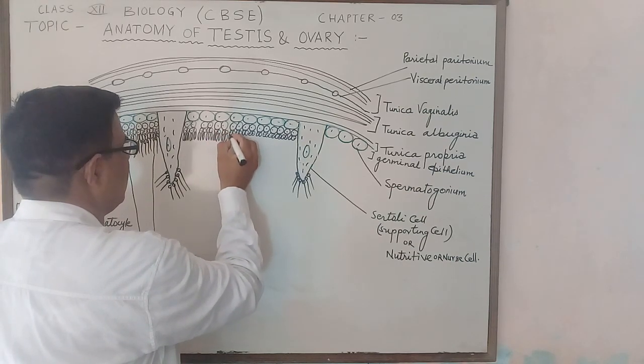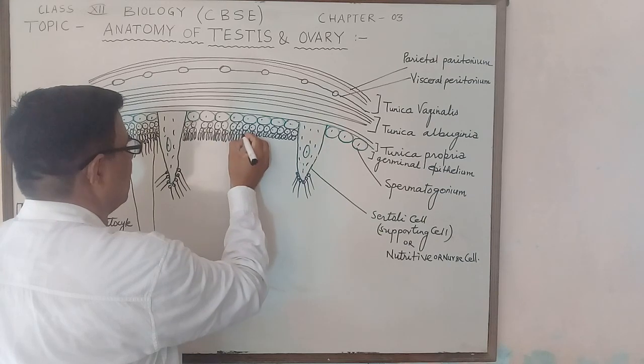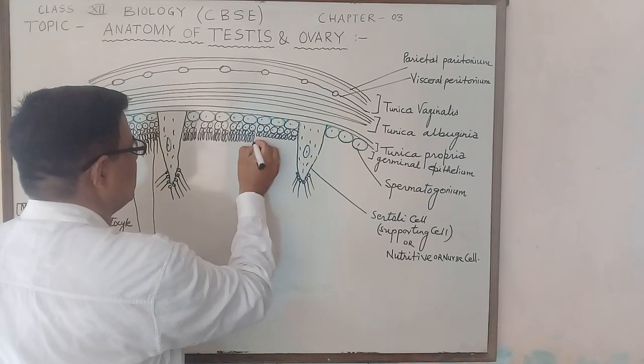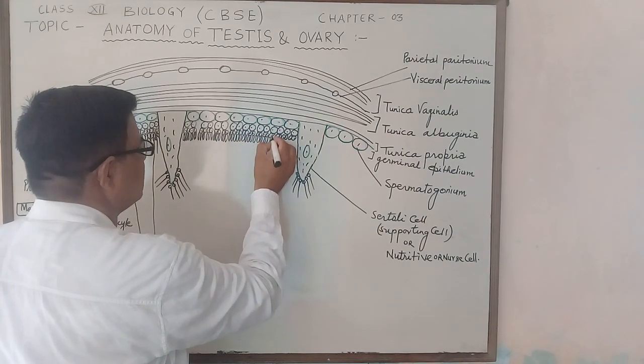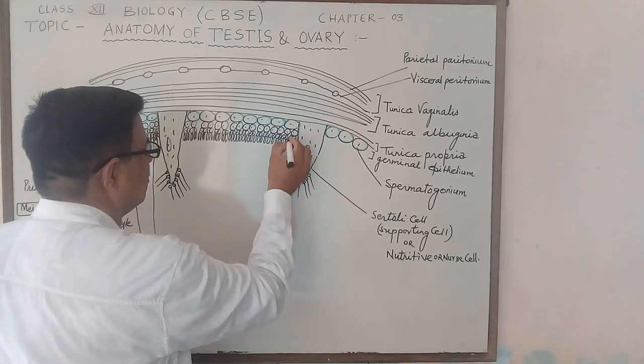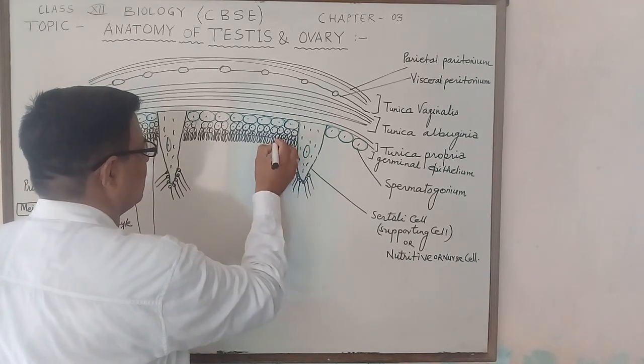So meiosis second is equal to mitotic division.